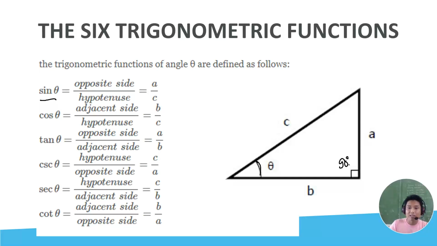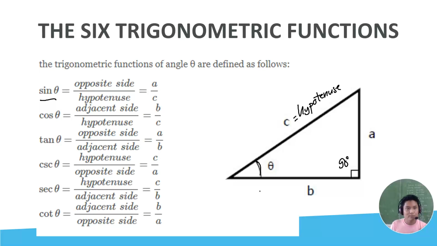So isa lang ang interior angle nung triangle na merong 90 degrees, it can be called a right triangle. Then the side opposite to that right angle, that's what we call the hypotenuse. And it is the longest side of a right triangle.